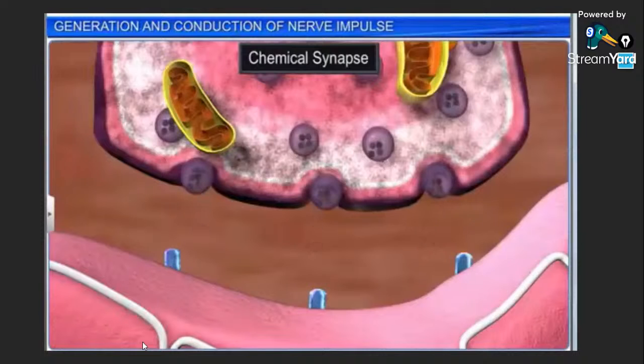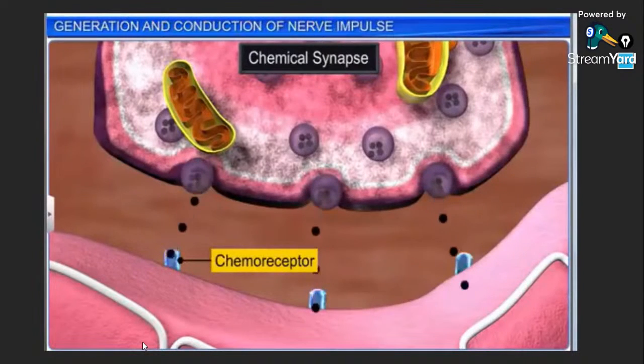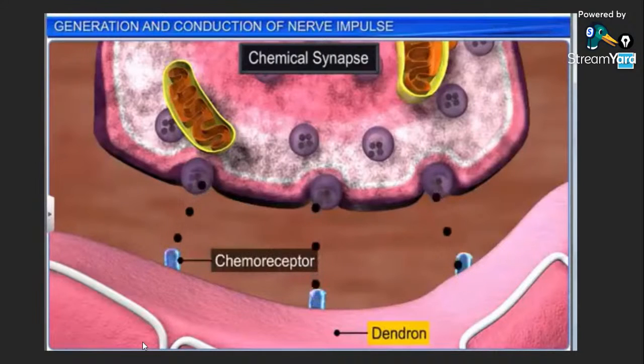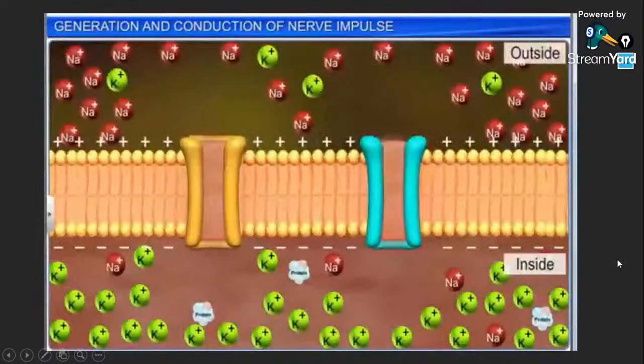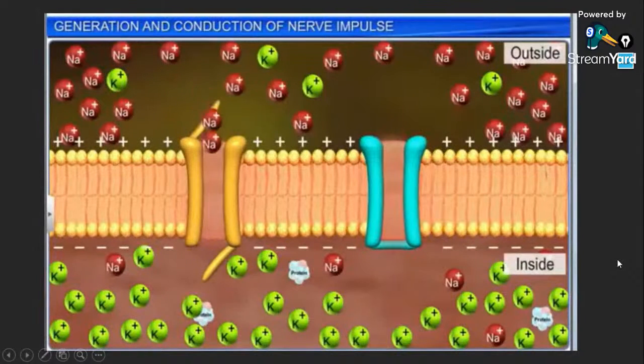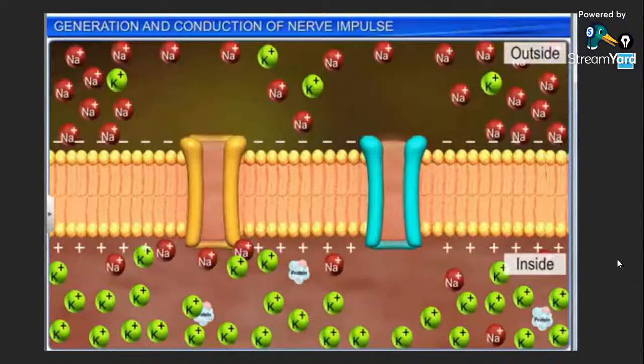The neurotransmitters thus released bind to their specific chemoreceptors present on the postsynaptic membrane of the dendron. This binding opens sodium-ion channels that allow the entry of ions to generate a new potential in the postsynaptic neuron. This may lead to the development of an excitatory or an inhibitory potential.